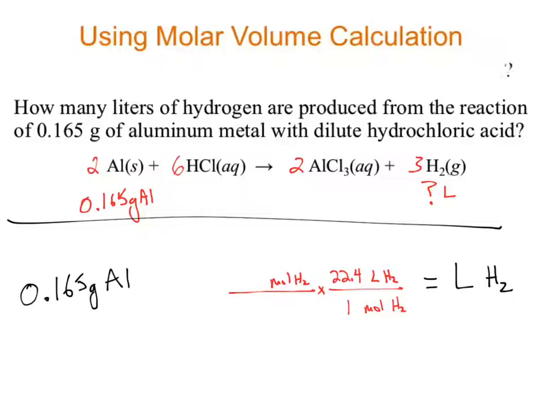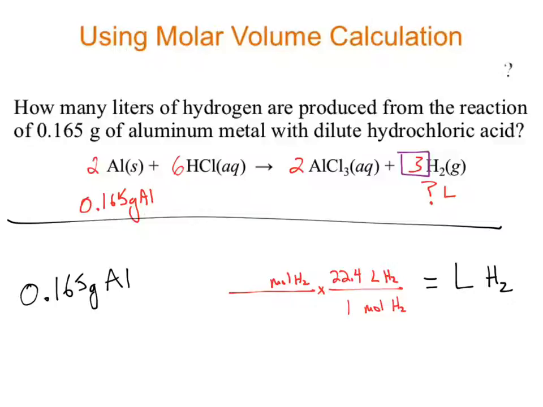Am I given moles of hydrogen in the equation? Question. Yes. Not in the question, but I could introduce the moles of hydrogen coming from the balanced equation. That 3 in front of the H2 in my balanced equation is 3 moles of hydrogen.